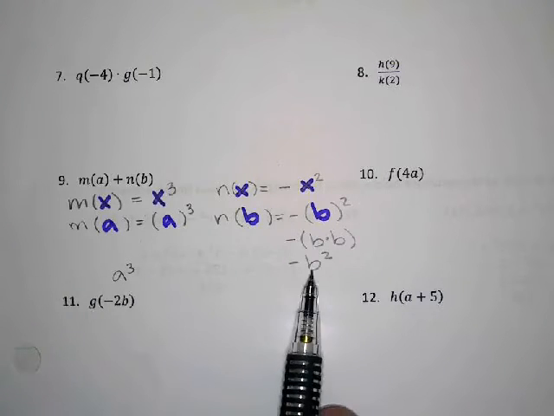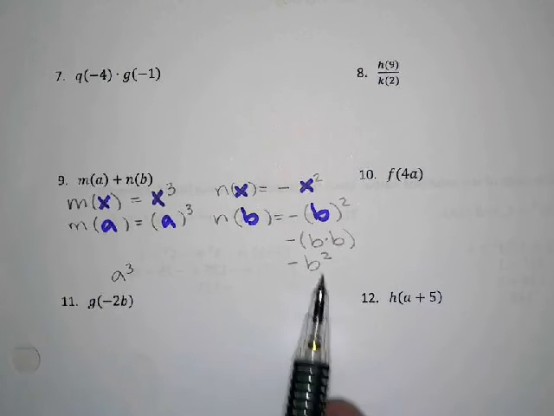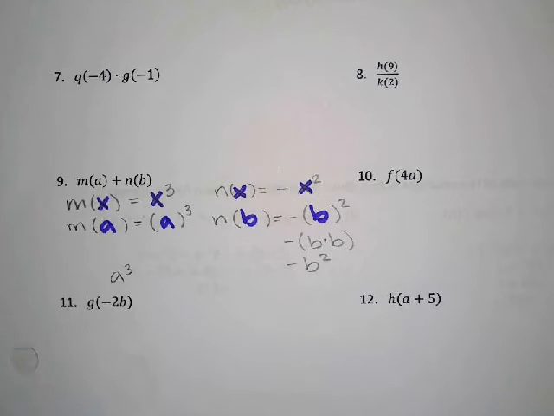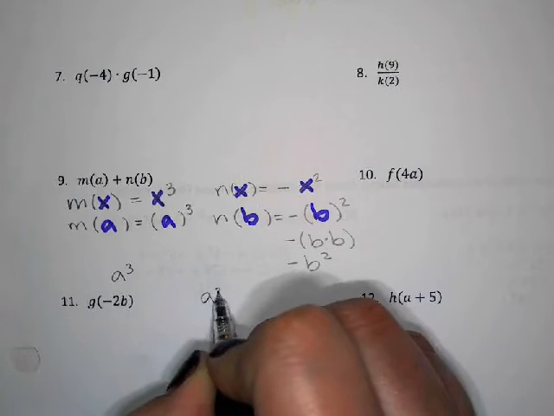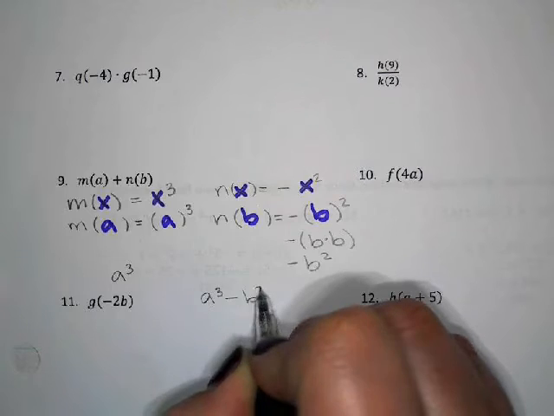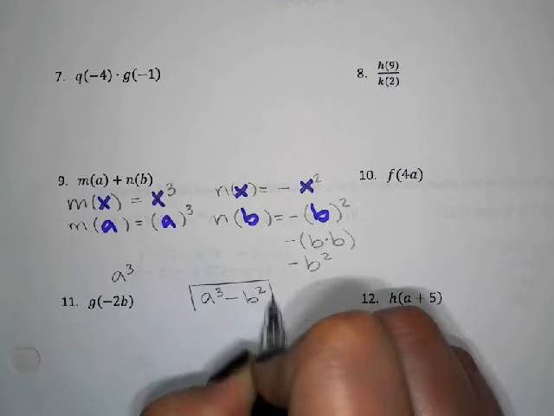Most people would not put plus and then a negative number. They would just write minus, because if you're adding a negative number, it's just like subtracting. So most people for this would write a to the third minus b squared. That's the answer.